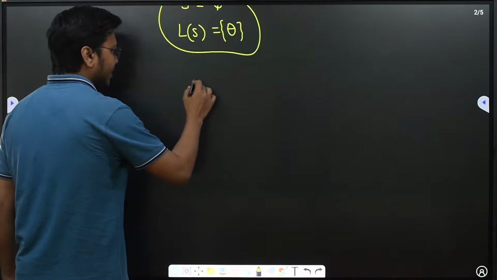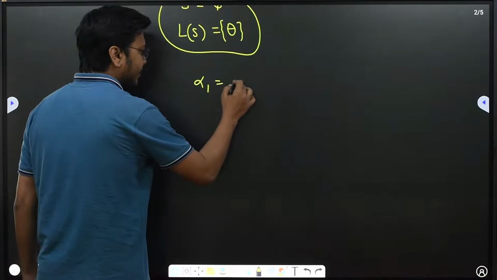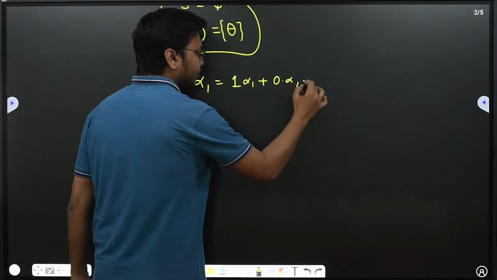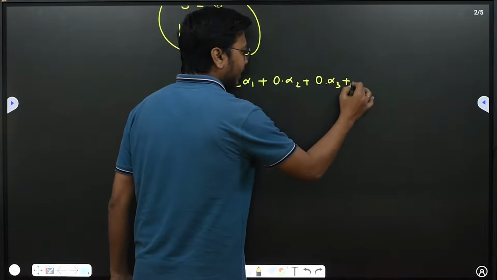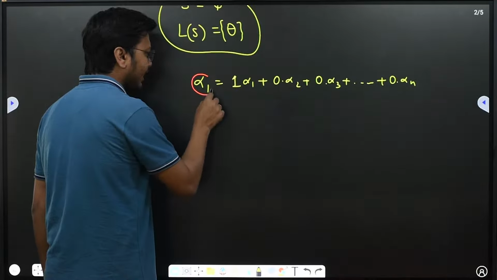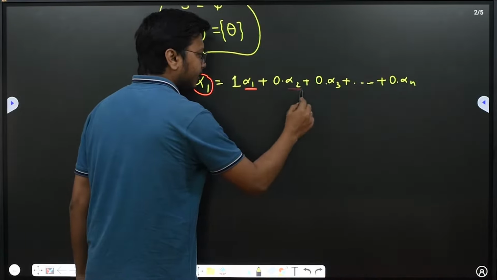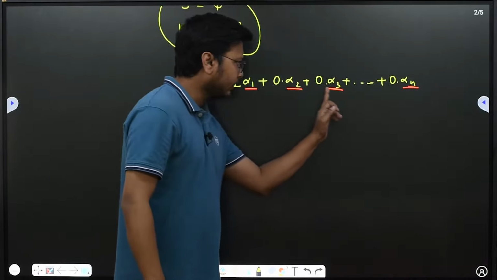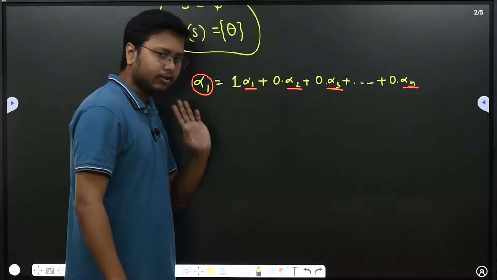Alpha 1 can be written as 1 times alpha 1 plus 0 times alpha 2 plus 0 times alpha 3 and so on, 0 times alpha n. So you can see alpha 1 has been expressed as a linear combination of the elements of the set, where I've taken all the constants to be 0 except for the first one.